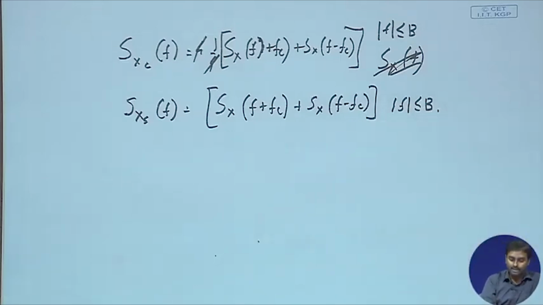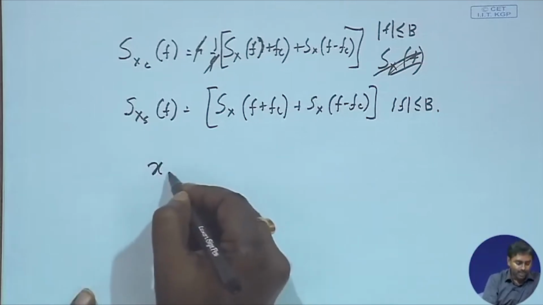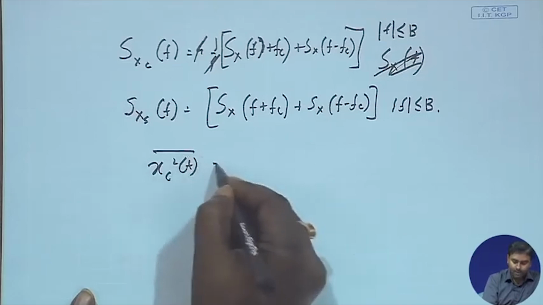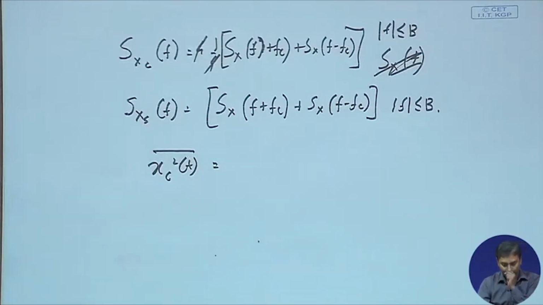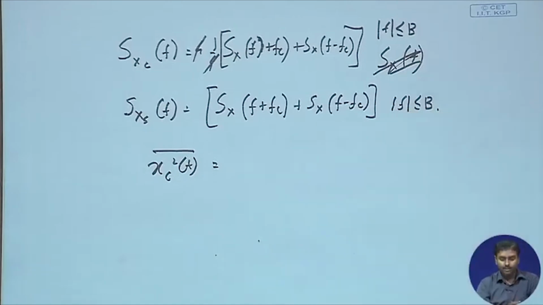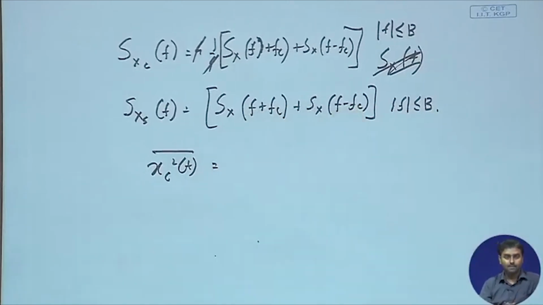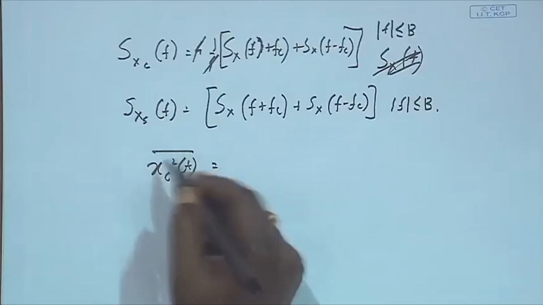So, immediately I can see the power that we wish to evaluate. So, if you just try to calculate this power, that must be the integration of this one over the whole spectrum. Okay. So, this is just defined within B. So, it should be this plus this. Okay. So, S x f plus fc within this and minus fc within this. So, that should be the power of this.